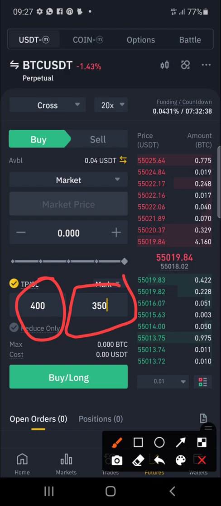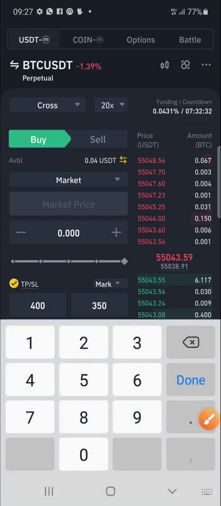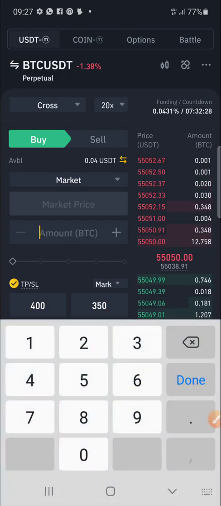Then let's say you entered a trade at the current market price, when it was very low.